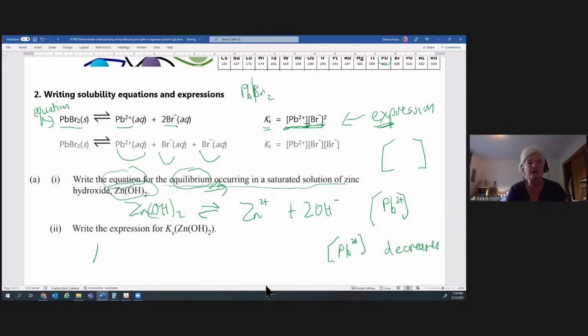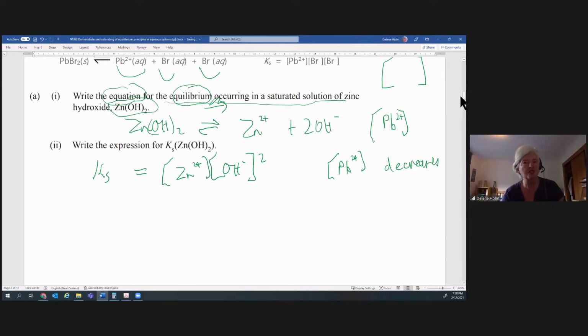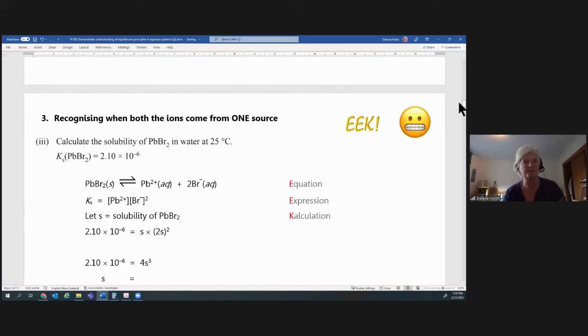And if I want to now write the expression, it's always Ks is equal to, and then it's the square brackets, and then it's OH-. Please put in your charges. So you must make sure that everything is perfect. Square brackets and charges. Right, so that's an achieved level, and they tend to always come in.